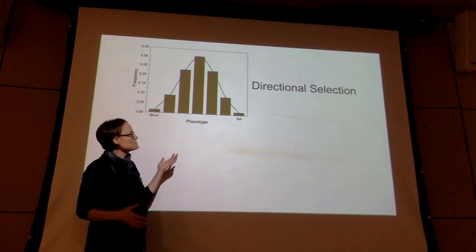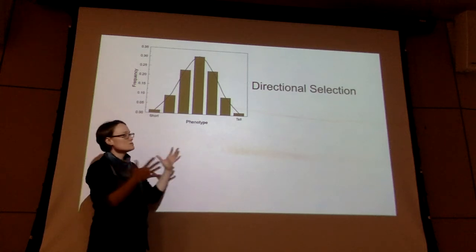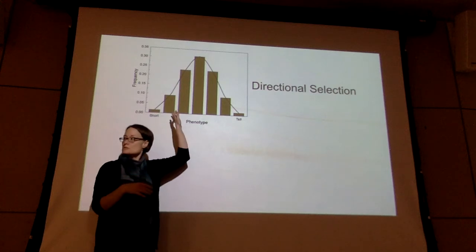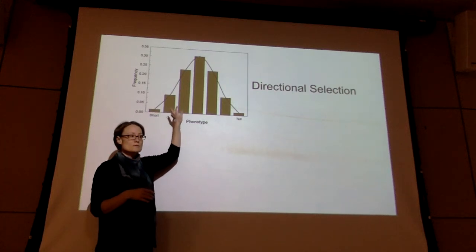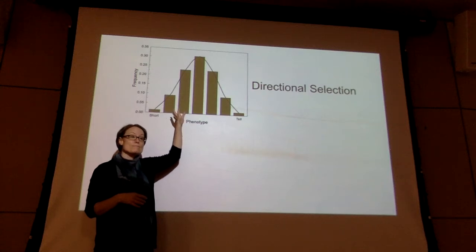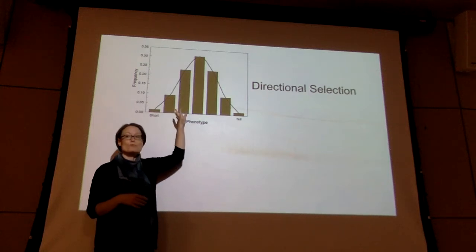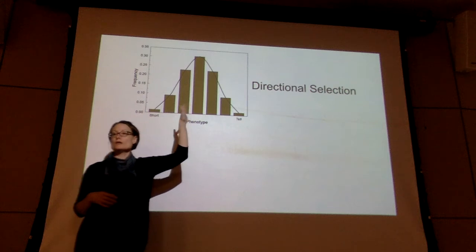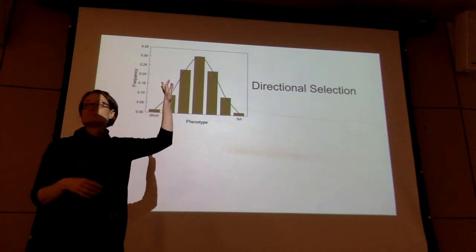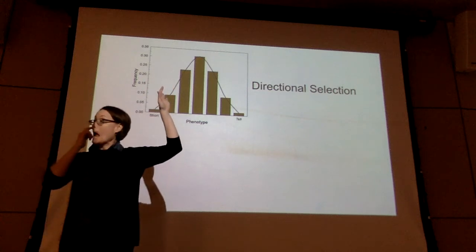And if we have directional selection, we want to impose directional selection for tall individuals, what do we need to do to this population? What would you do if you were trying to make super tall giraffes? Take out the shorter portion so that she does get past the line.